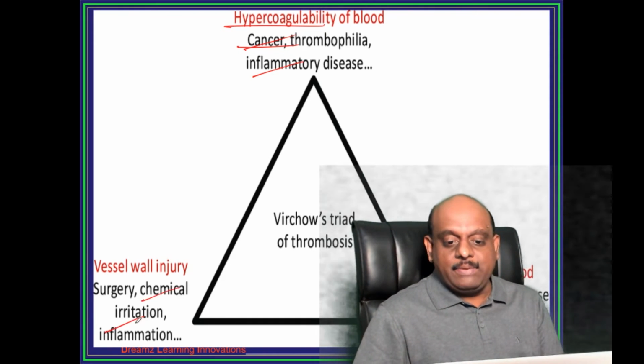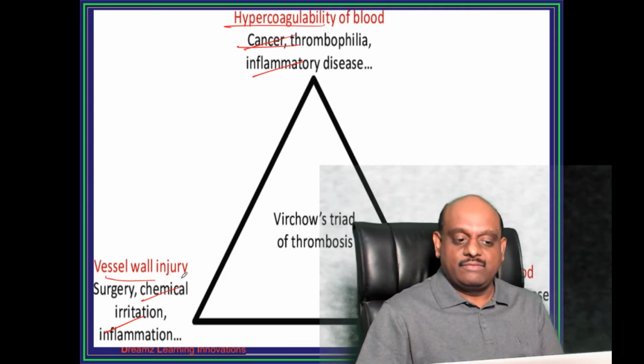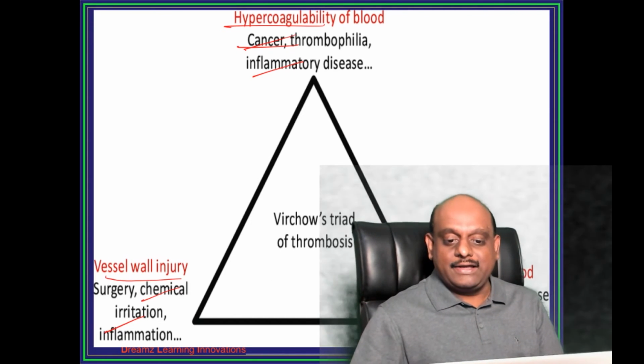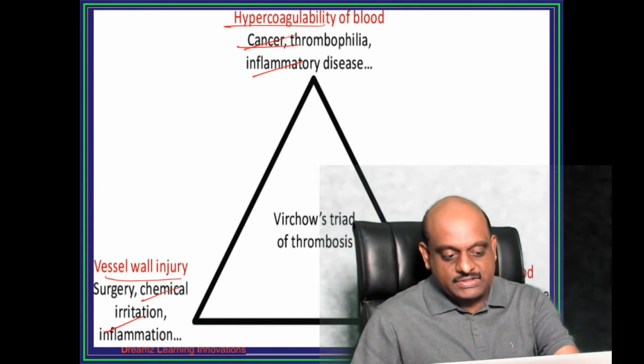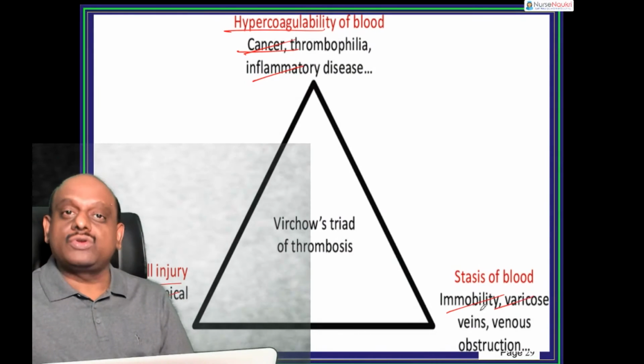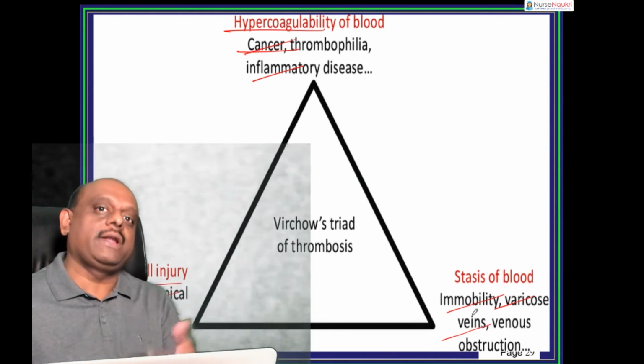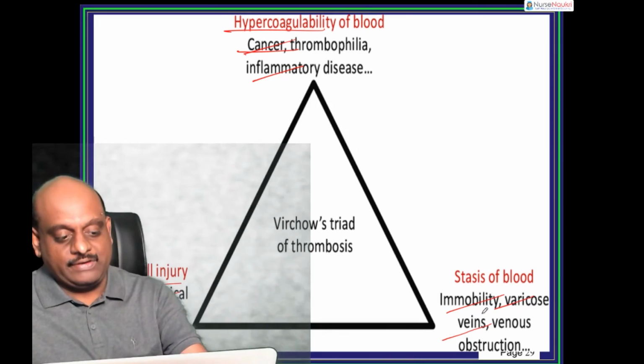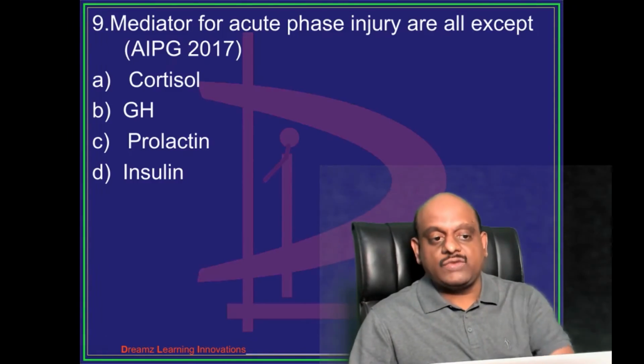Similarly, any chemical irritation or inflammation, vessel wall injury, and the stasis of the blood, immobility, varicose veins, venous obstruction, they are all predisposed to the development of the thrombosis is what you need to remember.